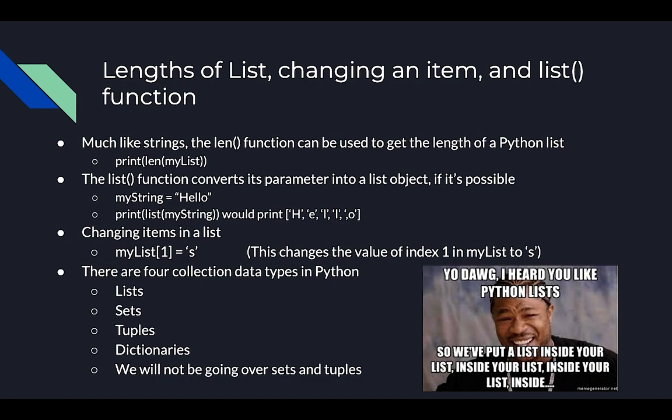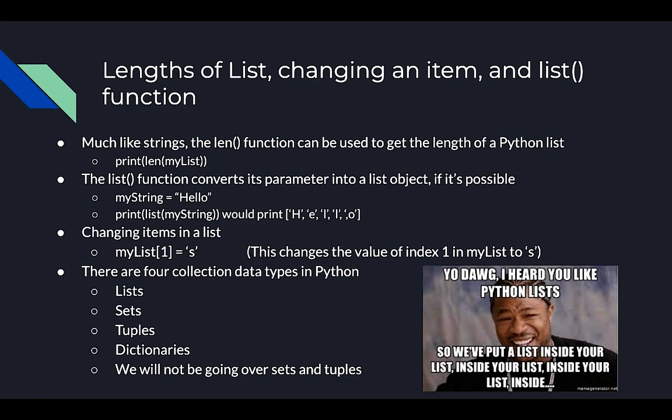And then there's also the list function, which converts its parameters into a list of objects. Let's say you have a string, hello. You can also make that into a list by saying list, and then you put my string in it, and it would convert hello, the string, into a list. If you guys can see the example here.